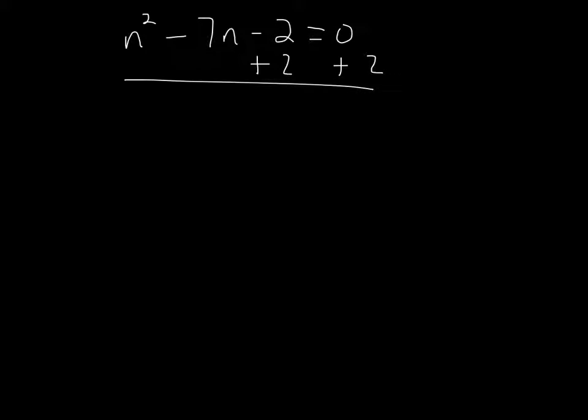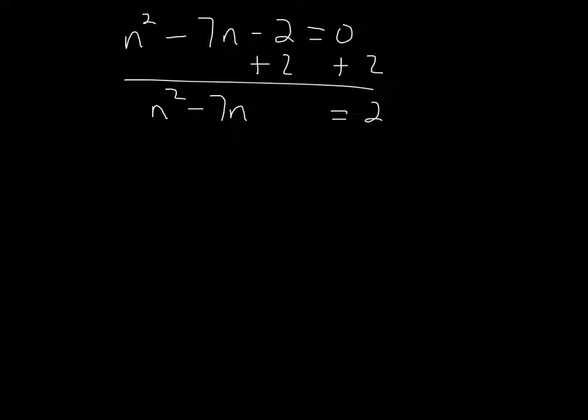n² − 7n − 2 = 0. Okay, 2 doesn't factor into 7, so let's get rid of our 2. n² − 7n = 2. My nose is still bothering me, driving me nuts.